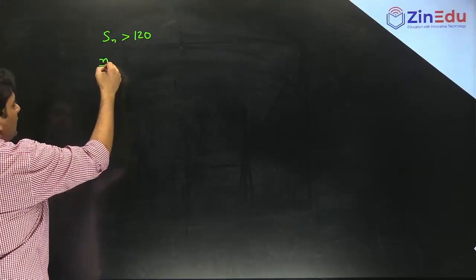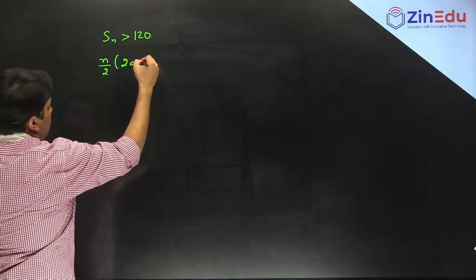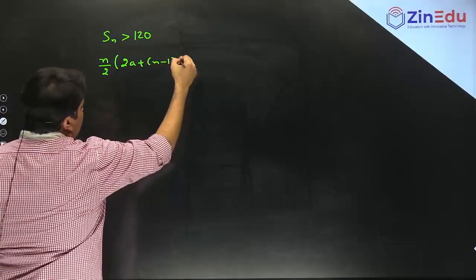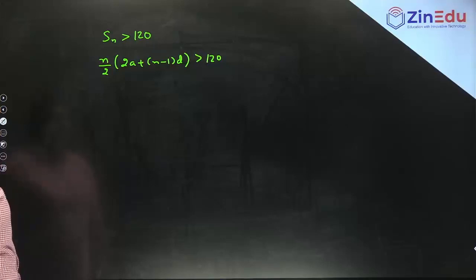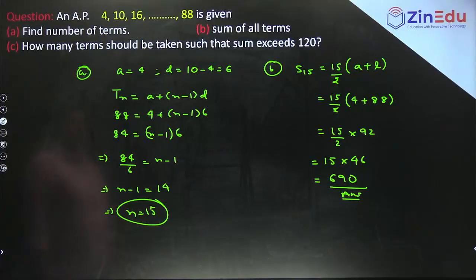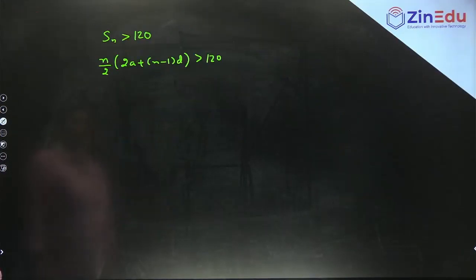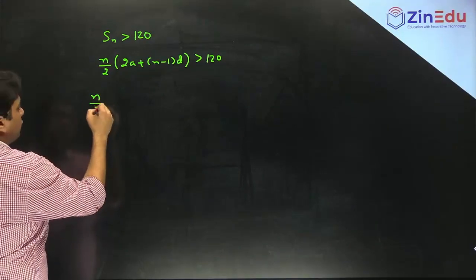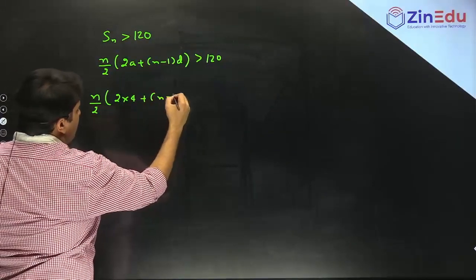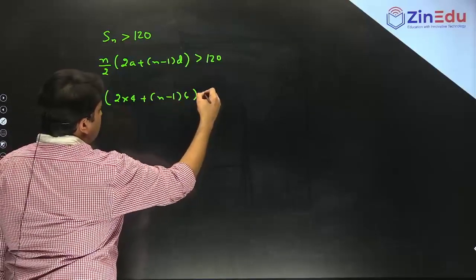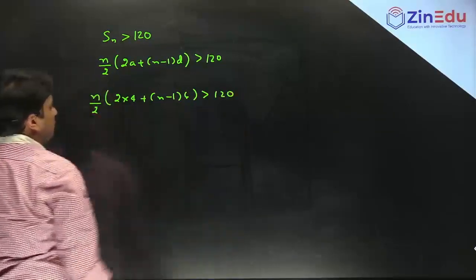So let us write down the formula. n by 2 into 2a plus n minus 1 into d should be greater than 120. So we had a as 4 and d as 6. So this would be n by 2 into 2 into 4 plus n minus 1 into 6 should be greater than 120.